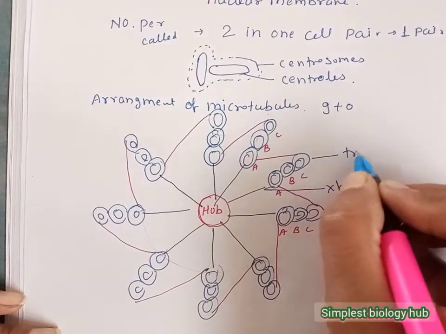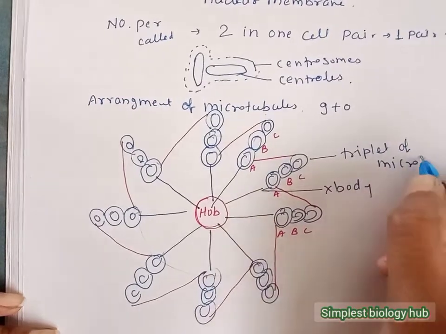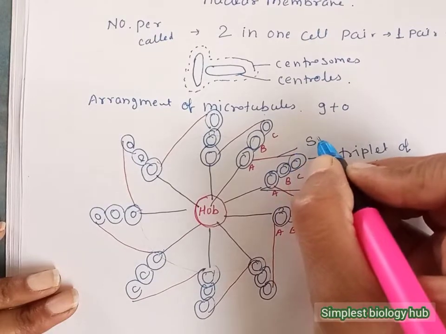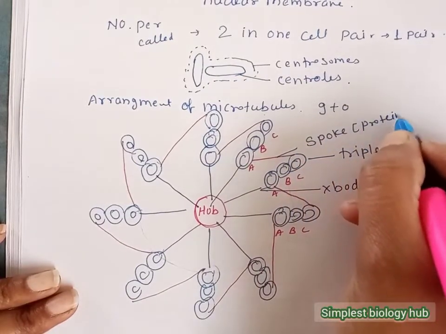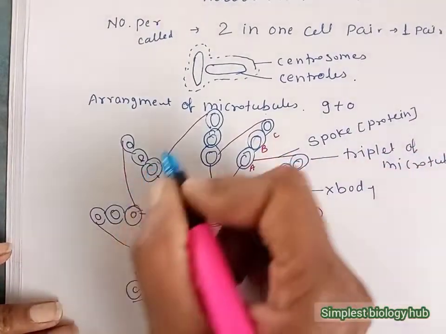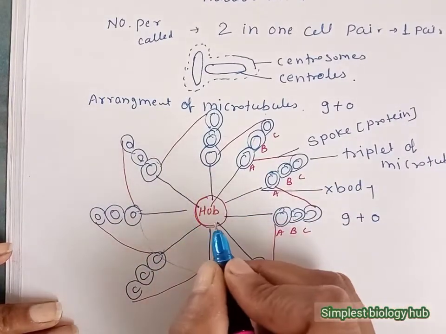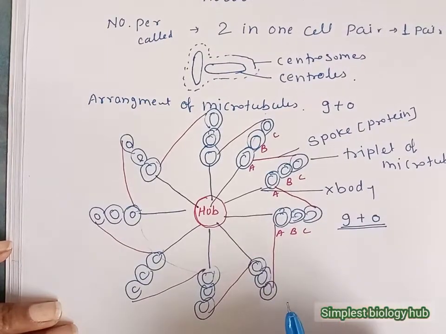It is the triplet of microtubules, and these are the spokes. These spokes are made up of protein. There are 9 arrangements of the microtubules, that is why 9 and +0, because there is no arrangement of the microtubule inside the middle part. So the arrangement or pattern we call 9+0.